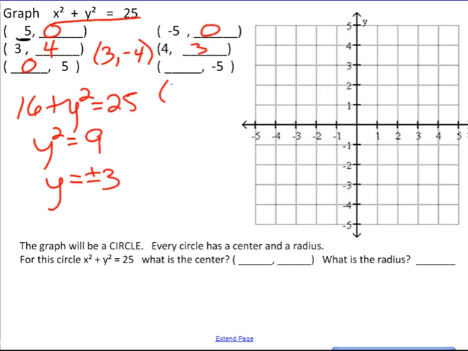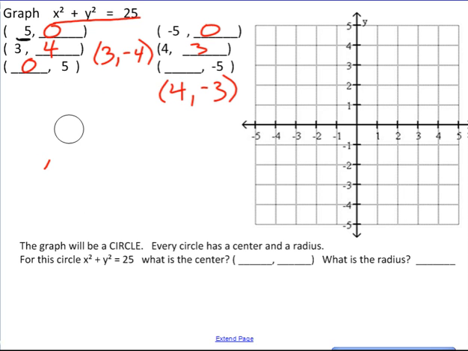So again, I need the 4, 3 and the 4, negative 3. And one last one. If I have y is equal to negative 5, and I plug that in, I have x squared plus 25. I square the negative 5, and I'll end up with x equals 0 again.